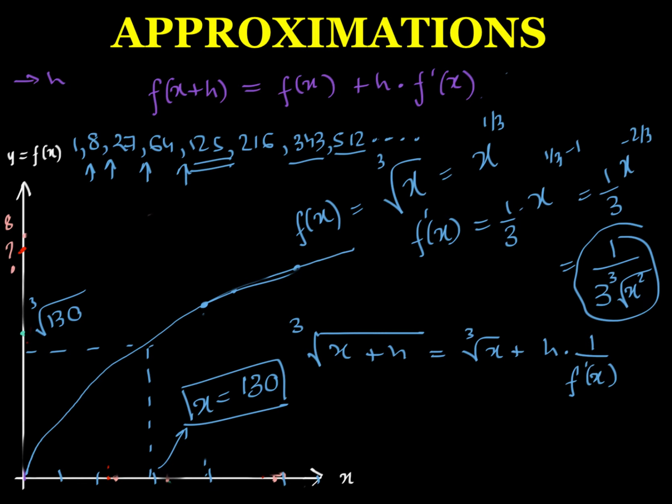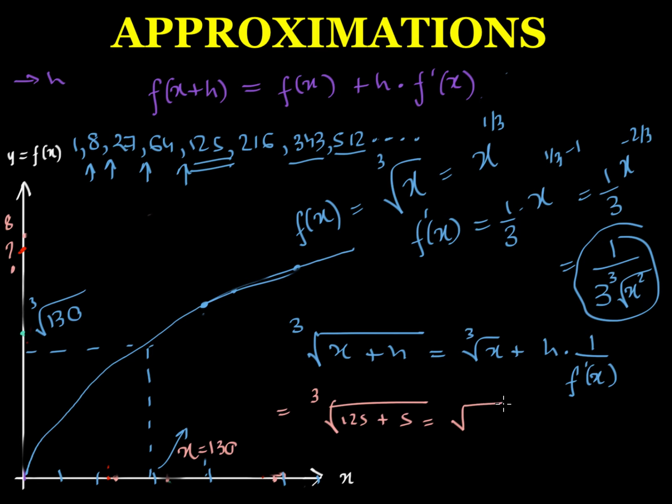So I'll just clear some things up. If x is equal to 130 over here, we have cube root of 125 plus 5 is equal to cube root of 125 plus 5 times 1 divided by 3 times cube root of 125 whole squared.